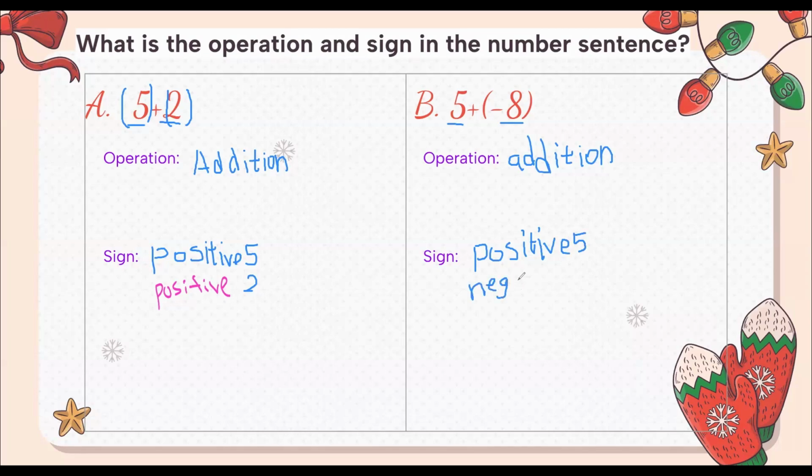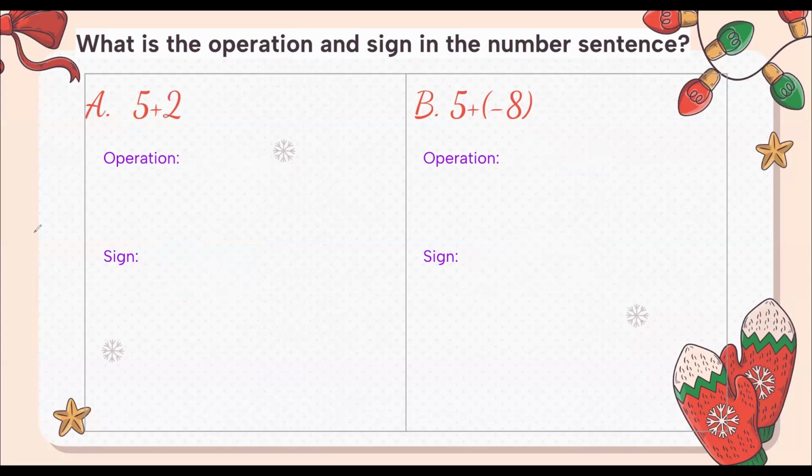As I mentioned before, the negative sign is grouped with 8 together. Okay, you all did amazing work. Today we're going to use this prior knowledge to help us write a number sentence for the given scenario, and eventually use the chip model to model our number sentence.